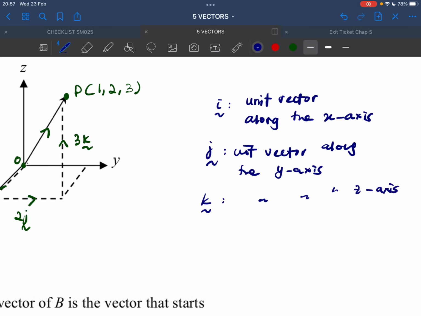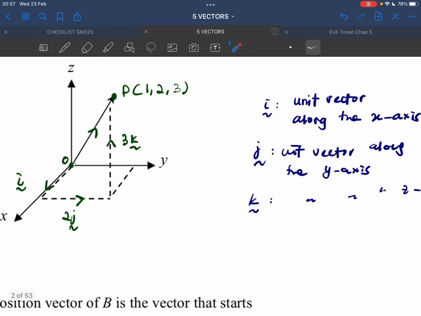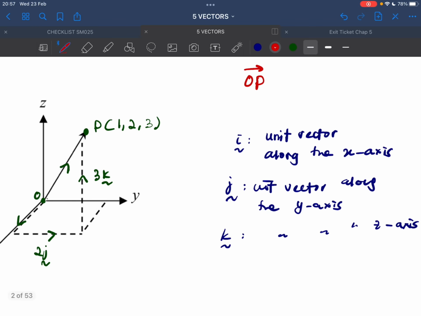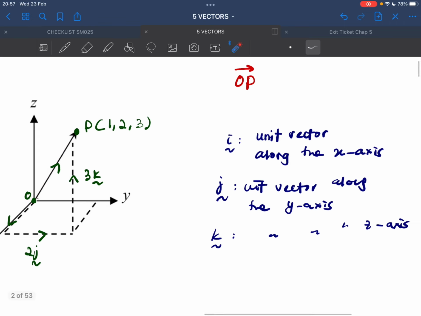So that is what ijk means. As I said before, O is the position vector. If you see the direction vector OP, that means the direction vector from the origin O to P. So what is the direction vector OP? From here we know that this one here is i plus 2j plus 3k.